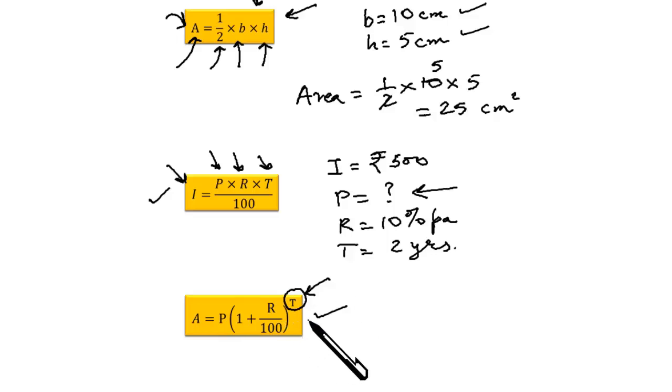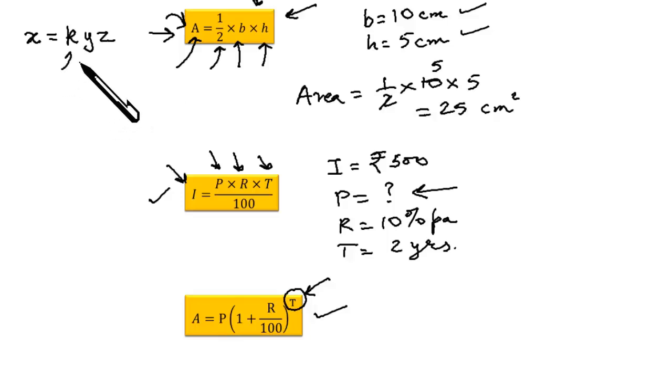So in everyday life, in real life, we use such formulas which include multiplications and divisions and even exponents, the indexes. So algebra is used everywhere in our life, but the only problem is that when we do algebra, we do not see A is equal to half into B into H, but instead maybe the formula looks like this. X is equal to K, Y, Z.